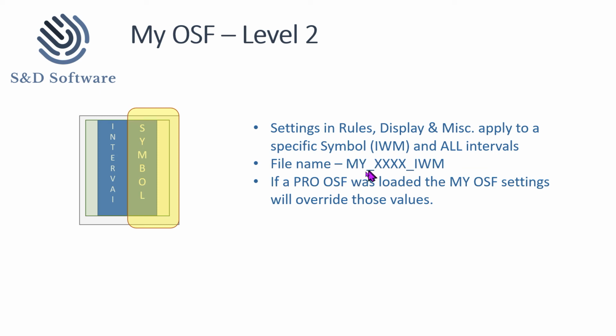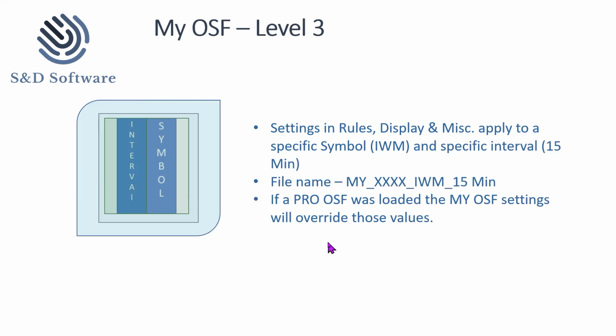And so it'll again start with My instead of Pro, the file type, and then whatever that specific symbol is. Level 3 is the one that covers a specific symbol and interval, and you will see a format like this with the symbol and interval listed.